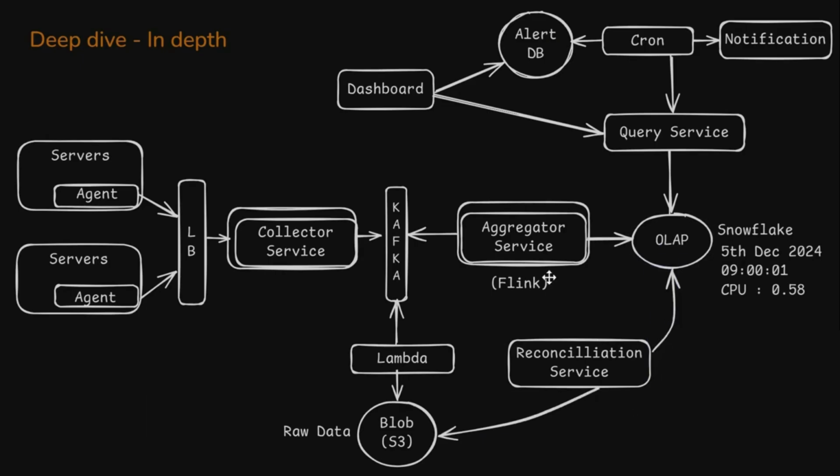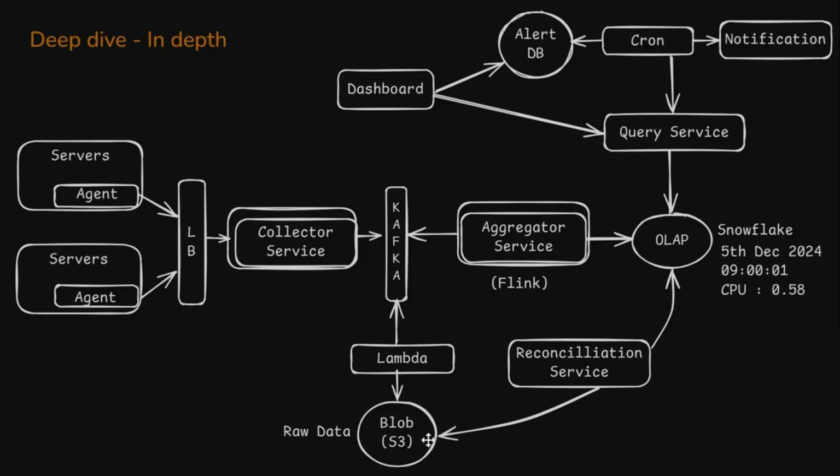So any aggregation result which has missed some messages as part of the real-time aggregation process, this reconciliation service will make sure and it will be the true source. Basically, it will override those aggregated results periodically.